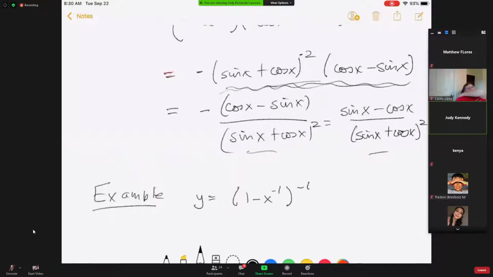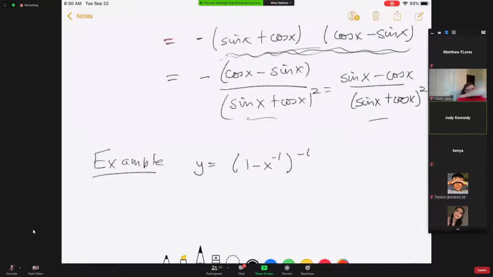Well, I picked another chain rule, okay, I'll try to pick something else next time. Okay, so this one has an inside and an outside. Inside, u equal to 1 minus x to the minus 1. Outside, we'll call it f of u, is equal to u to the minus 1. Okay, so on the inside, 1 minus x to the minus 1. On the outside, you're taking all that stuff on the inside and raising that to the minus 1.